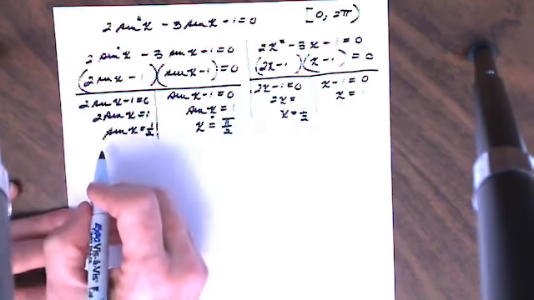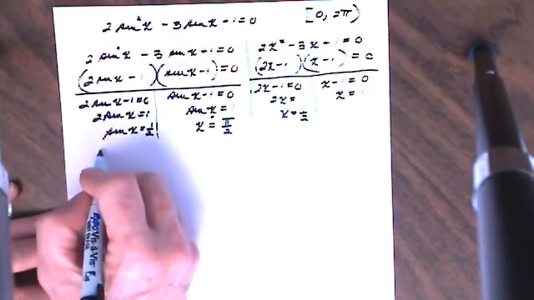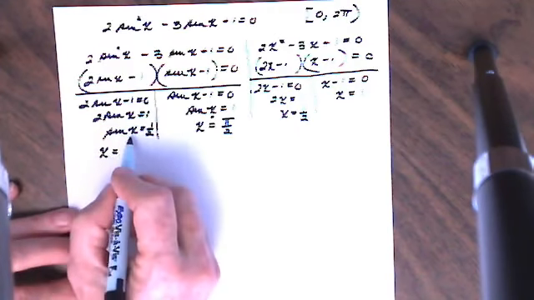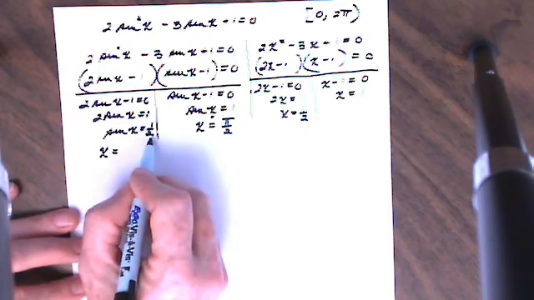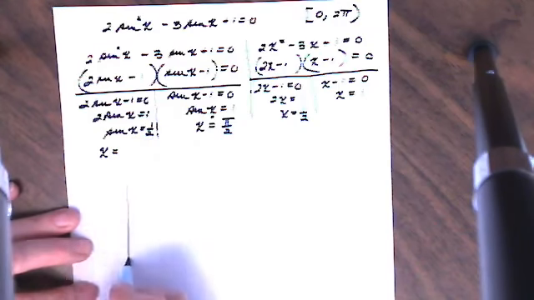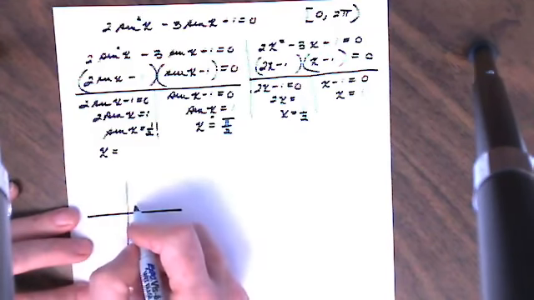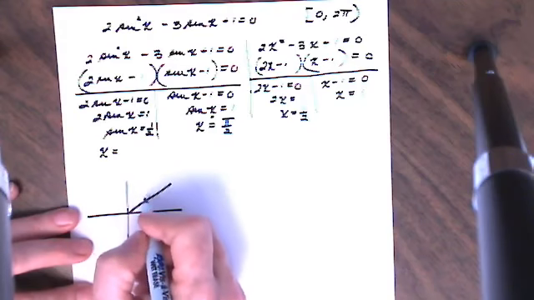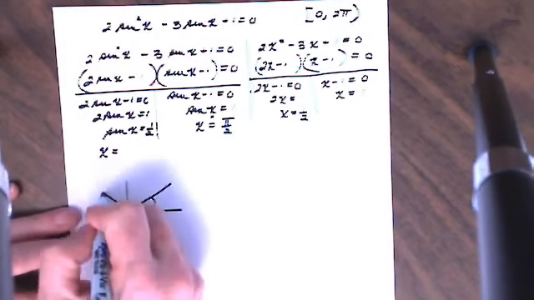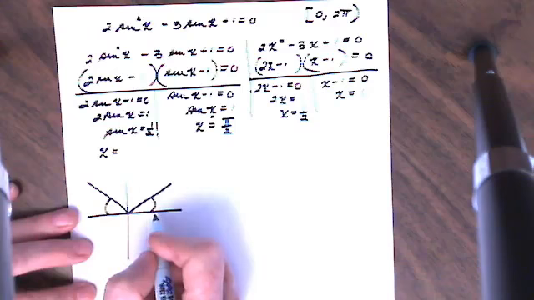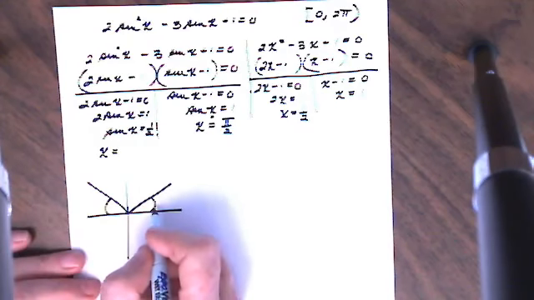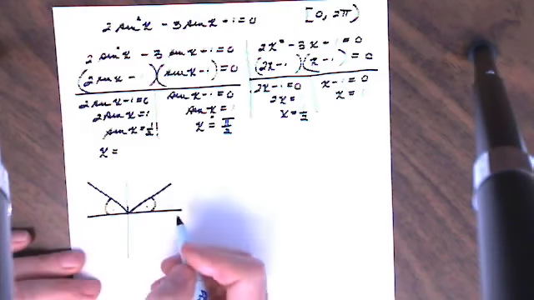Now, what angle would produce the ratio positive 1/2 for sine? Sine produces positive ratios in quadrant 1 and quadrant 2, so my angle would have to be in quadrant 1 or quadrant 2.